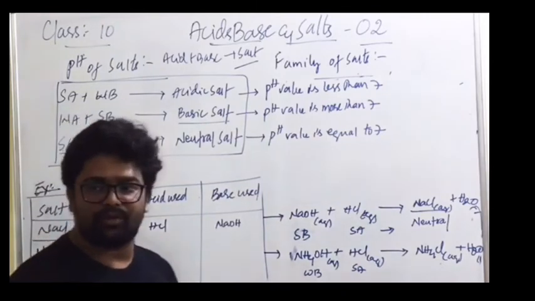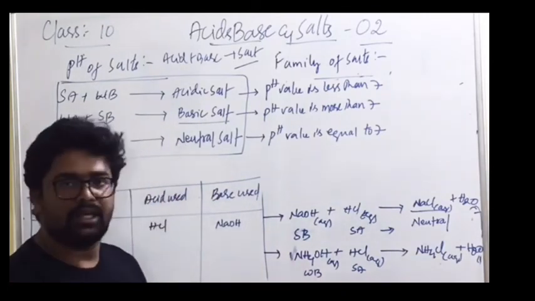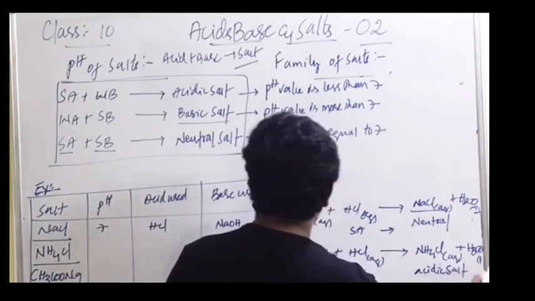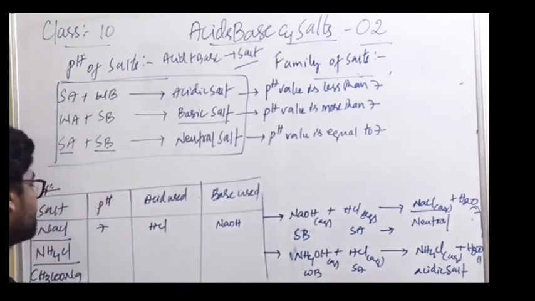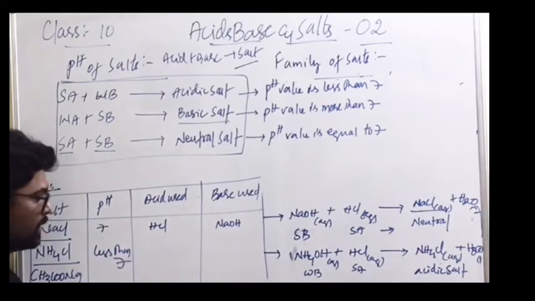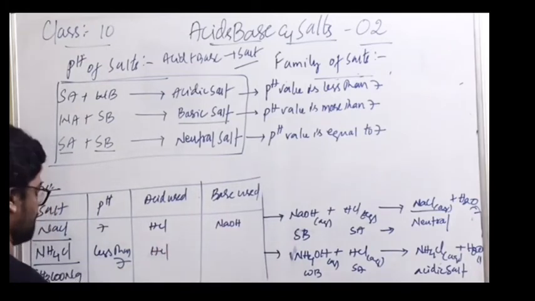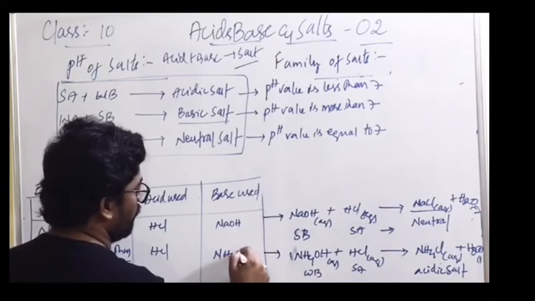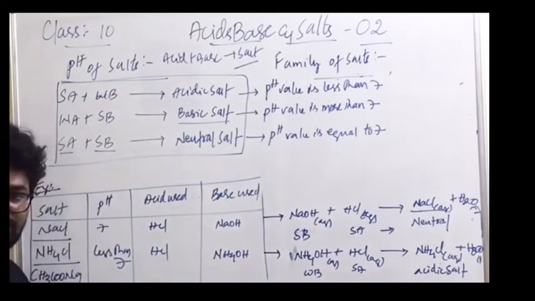If a reaction is between a strong acid and a weak base, it gives an acidic salt. So ammonium chloride is an acidic salt, and the pH value is less than 7. What is the acid that is used? HCl. What is the base that is used? NH4OH. Is it clear, students?